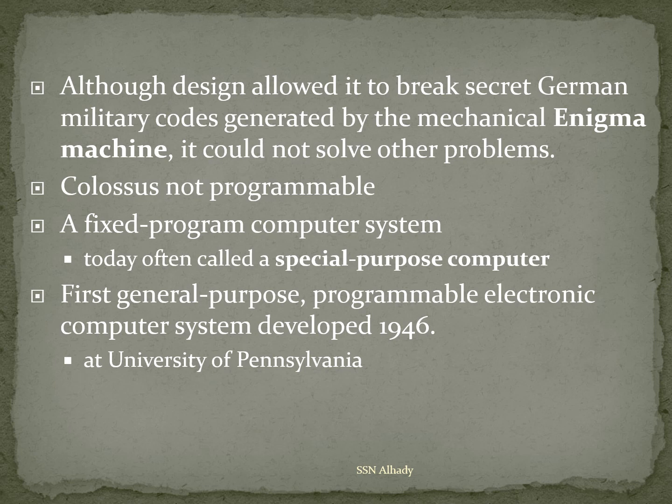It is a fixed program computer system, today often called a special purpose computer. Even now we have fixed applications. For example, there are a lot of small devices, embedded systems, that are only used for special purposes.